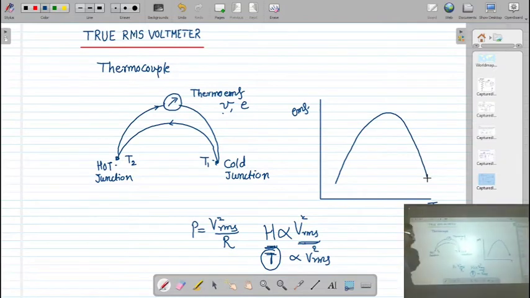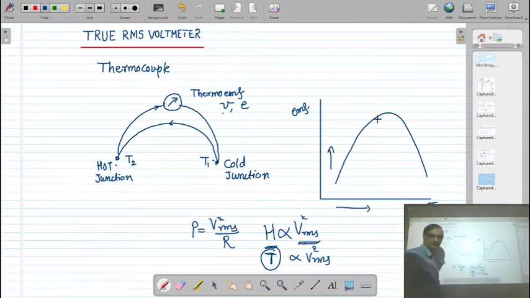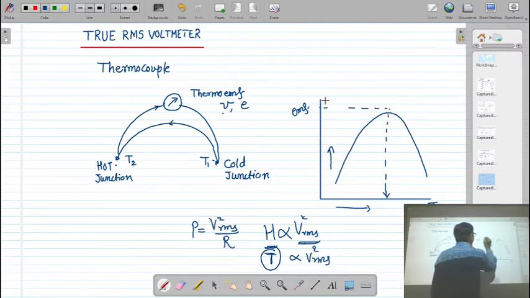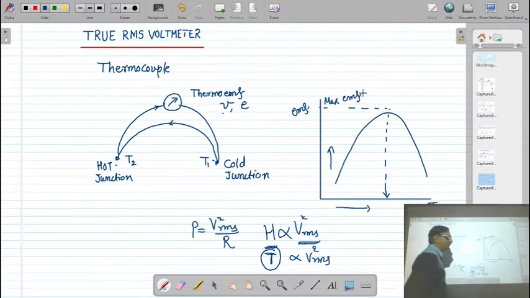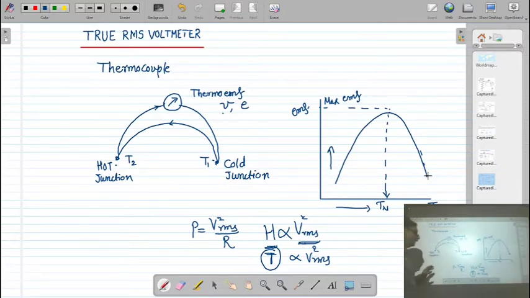You can see that as the temperature increases, the EMF goes on increasing in this region, and at a particular temperature we have a maximum EMF. This is known as the neutral temperature. Then again, if we increase the temperature, the EMF goes on decreasing.